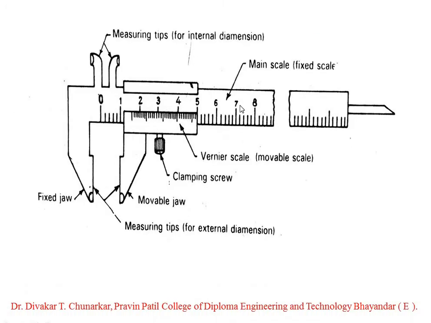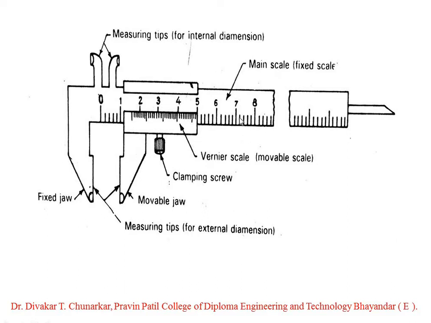This is the instrument, also known as vernier caliper. This is the main scale, keep in your mind. And this is the vernier scale. In the vernier scale, there are only 10 lines in upper and lower division, also known as 10 divisions or 10 lines.